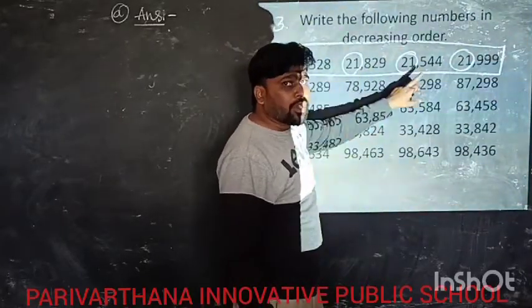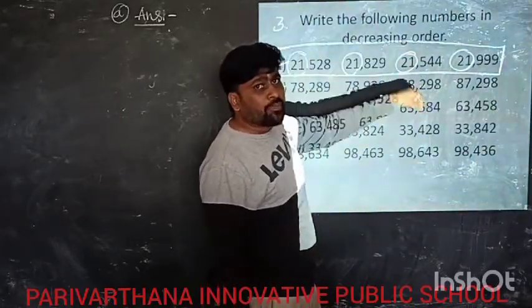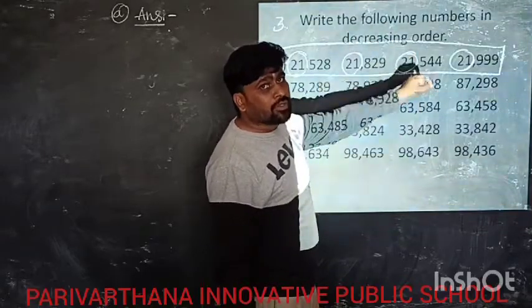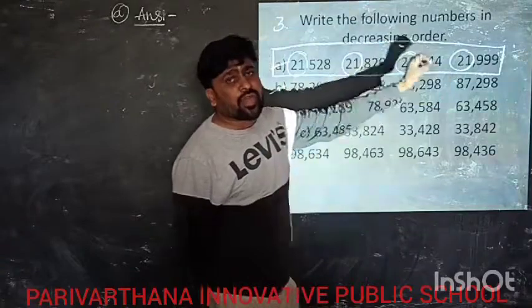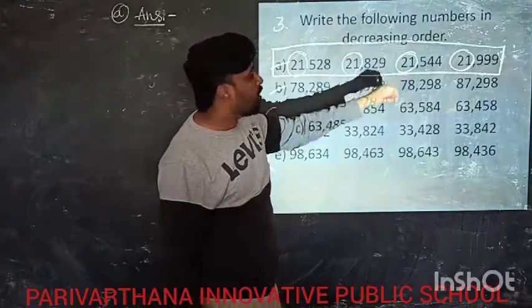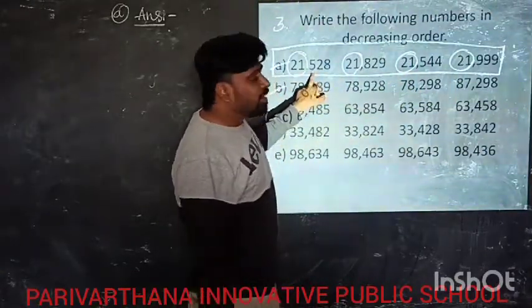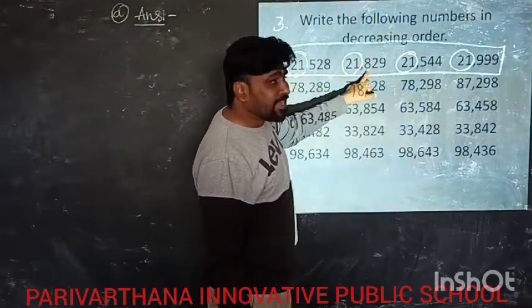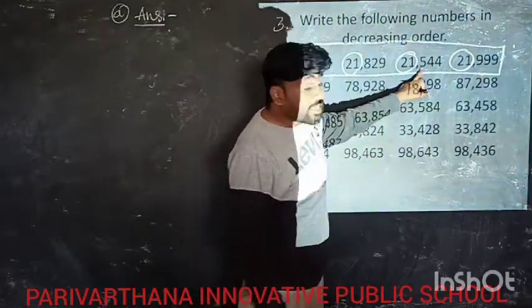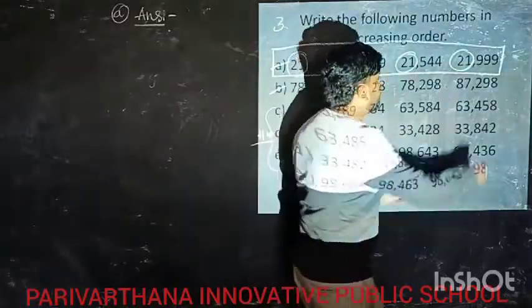Among these, whichever is big comes in the third place, and whichever is small comes in the fourth place. Okay na? Now, third main, we are going to arrange in the decreasing order because here the 100 place is 5, the 100 place is 8. Okay na? The 100 place again is 5. The 100 place is 9.